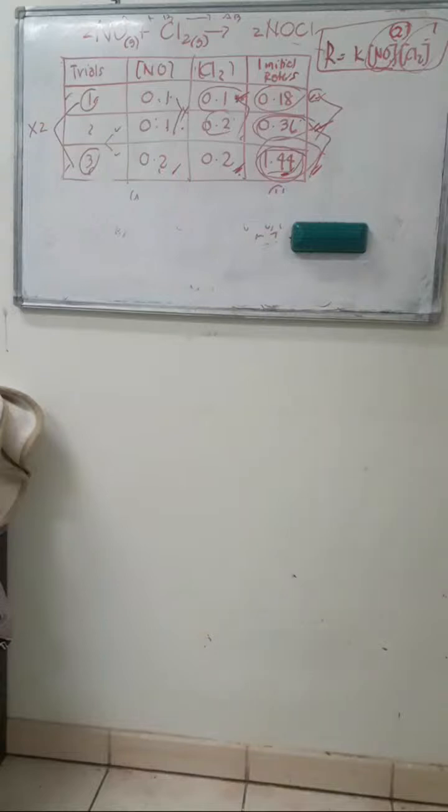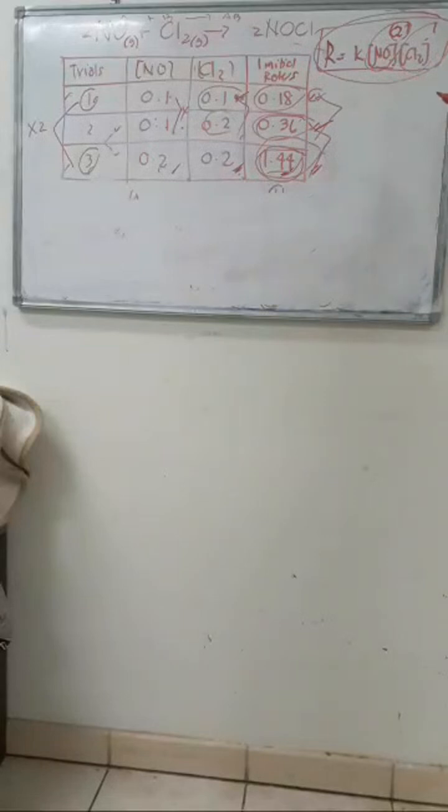Now, second question, what is your rate constant? Compute this one by math. You can easily get the value of your rate constant by manipulating the equation. So how can we manipulate this equation? If you try to solve for K, let's go back to the basics in algebra.